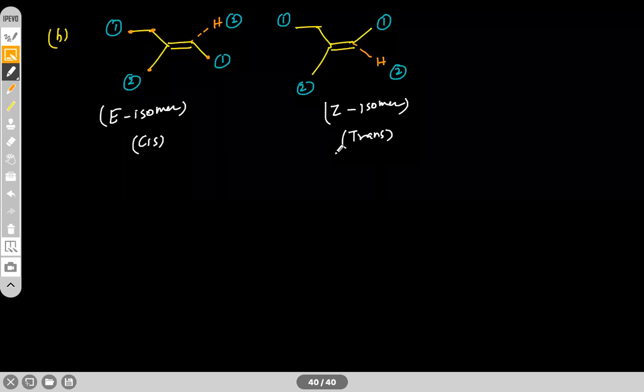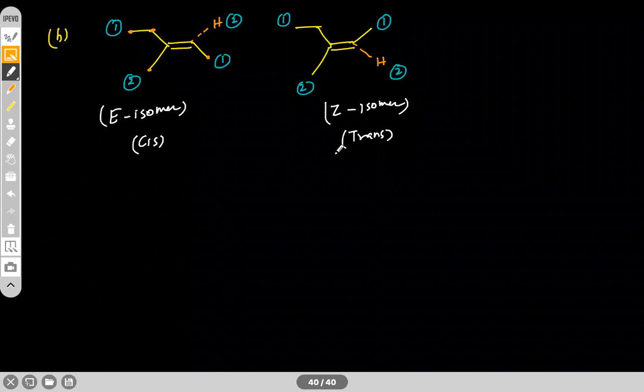If all the 4 groups are different, then we cannot say that these are cis isomers. Even if the 3 groups are different from each other, for cis and trans, at least 2 groups must be same.